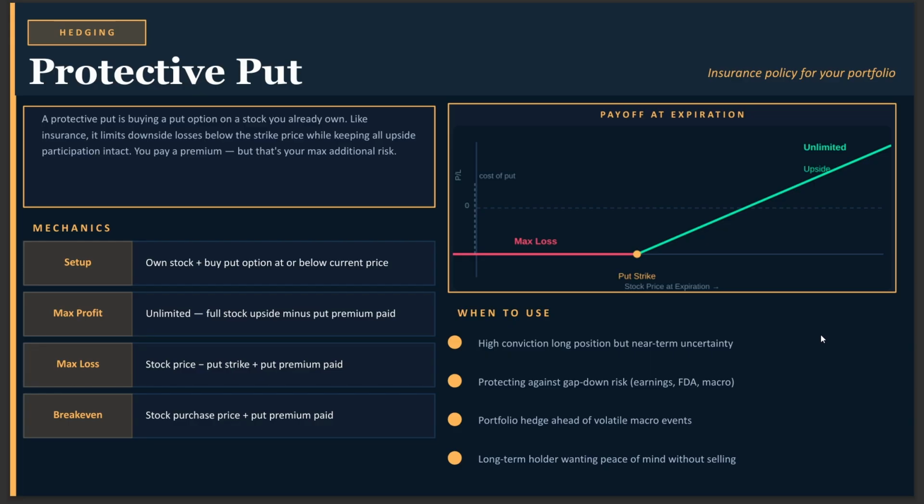Or if you have 100 shares, you could buy 2 at the money puts or slightly out of the money puts to get you anywhere from 80 to 90 delta, so that if the stock price does go down by a couple dollars, you get good protection on all shares.